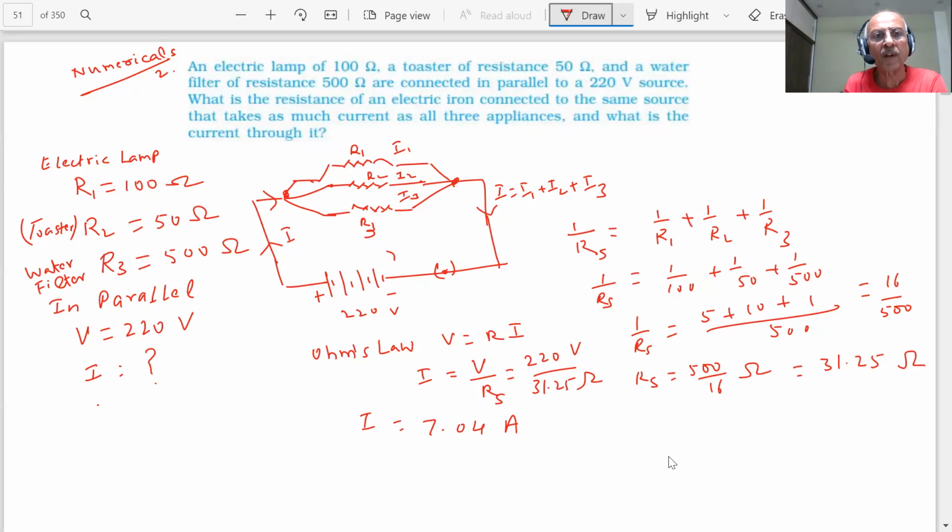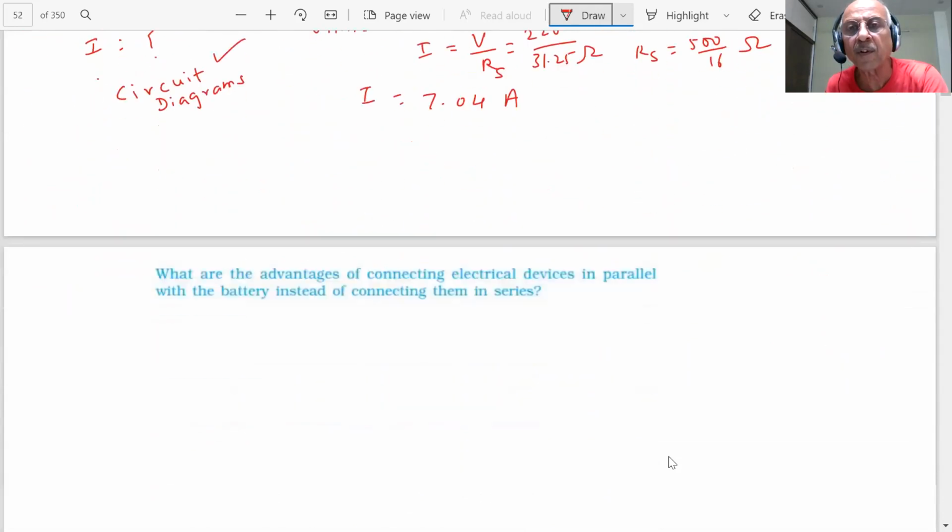No, sir. Okay. If you have doubt, you can draw the circuit diagram. Circuit diagrams are very useful, student. They help us in solving the question. In electricity, it is important. We should be able to draw the circuit diagram, and then it will be easier for us to solve the question, students.